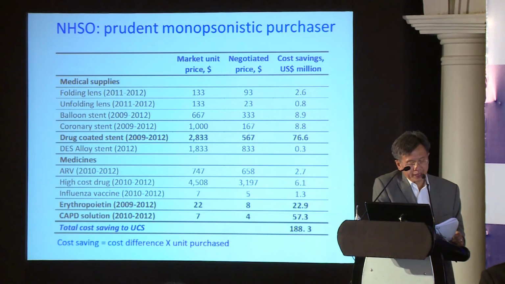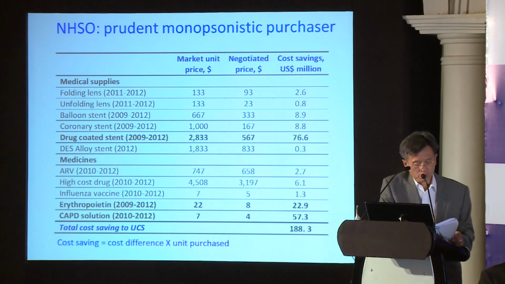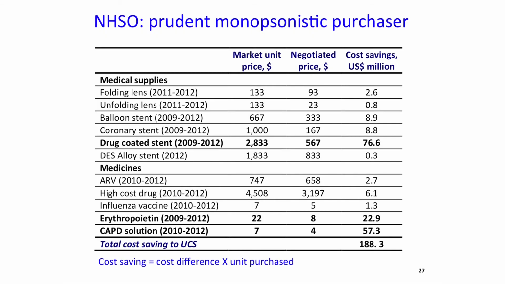NHSO managing the UC scheme has demonstrated its capacity in negotiating prices down, with a total cost saving of $188.3 million during the period of 2009 to 2012 among medical supplies, drug costs, stents, medicine, erythropoietin, and CAPD solutions.